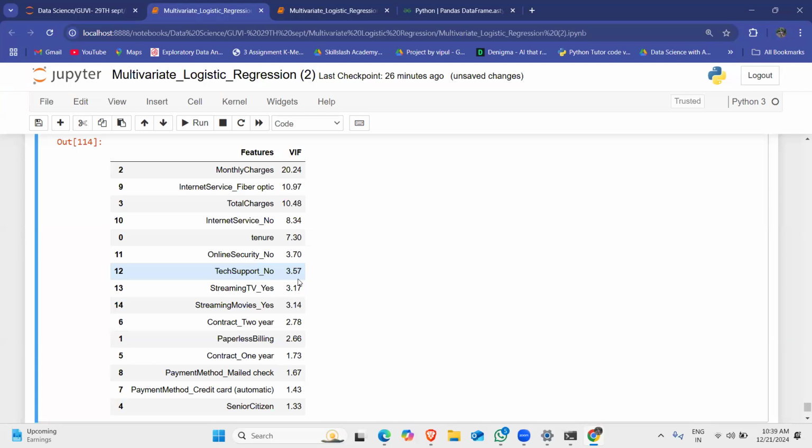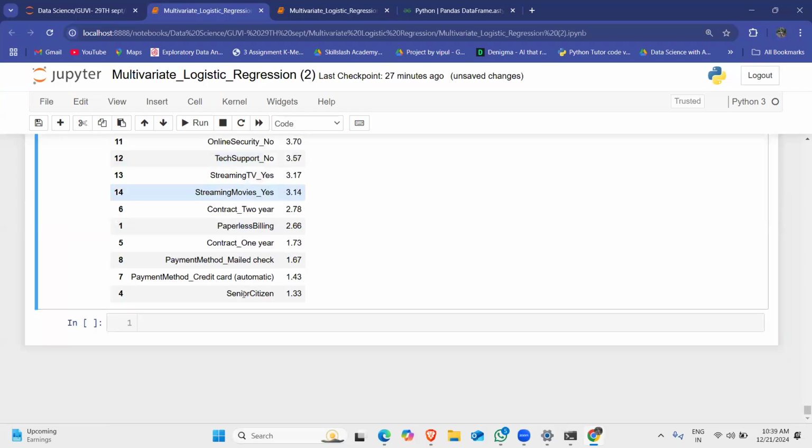How do we drop this column? We can drop this. I'll leave this topic up to you. You guys can drop these variables.